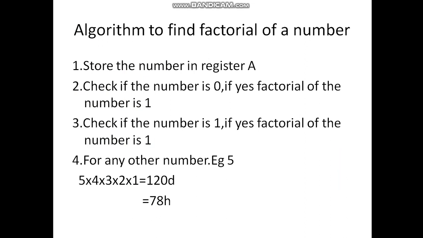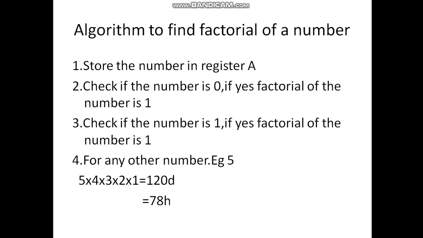Suppose these two conditions are not satisfied, that means the number is other than 0 and 1. For that you have to find the factorial. So first the number has to be fetched and stored in A register, and then you have to decrement that number by 1 and store it in B register, because to perform the multiplication operation we know that the numbers should be in A register and B register.